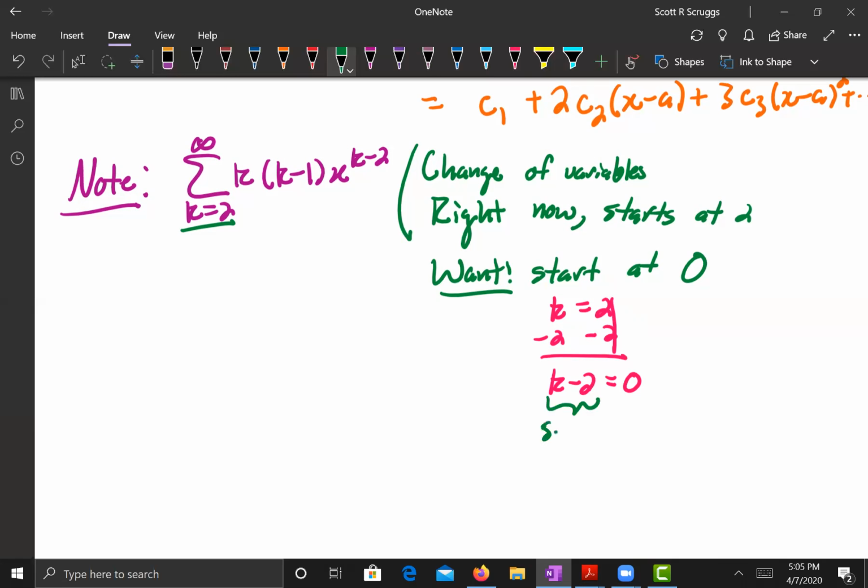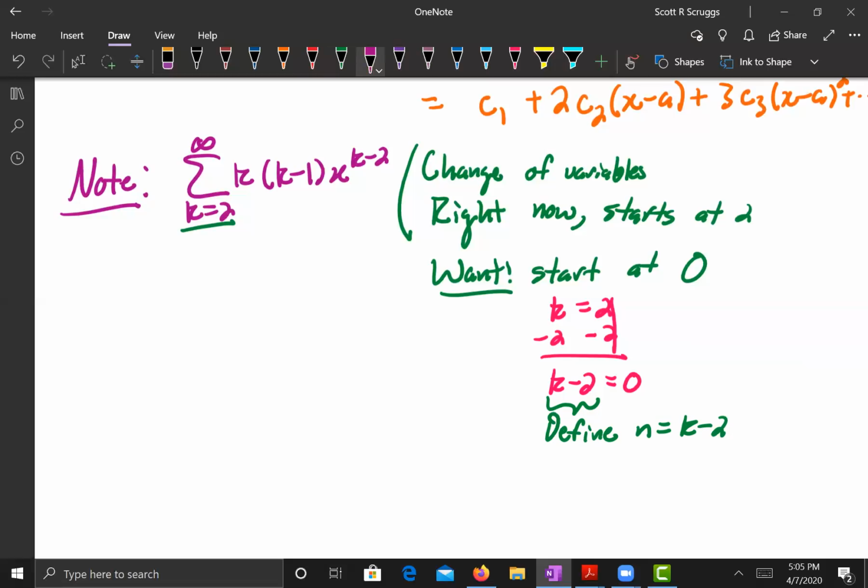I'm going to define a new index, and it could be whatever you want. In this case, it's going to be n. I'm going to define n to be k minus 2, because I note that at the start of my series, if k equals 2, then k minus 2 equals 0.